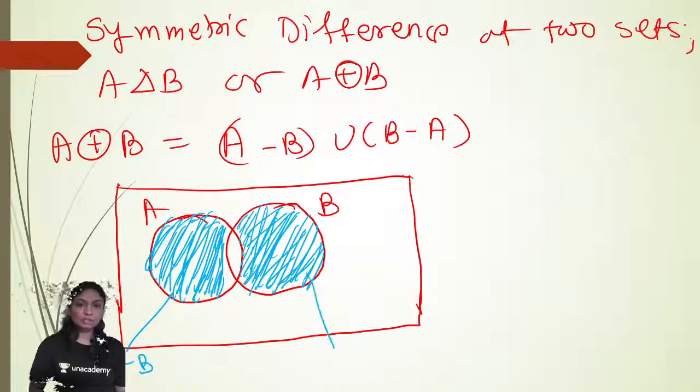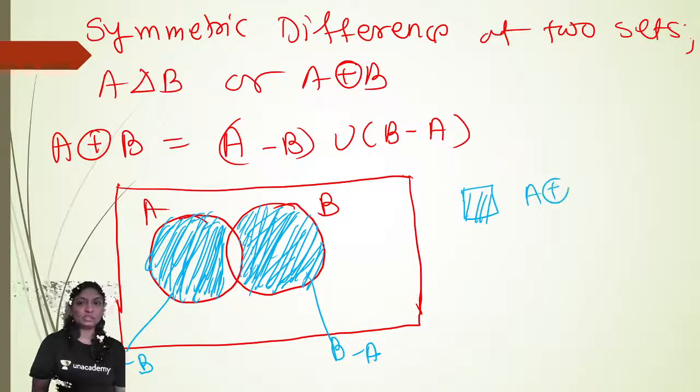So this is your B minus A. So the union of these two is denoted by A ring sum B, right? So the shaded portion is denoted by A ring sum B.